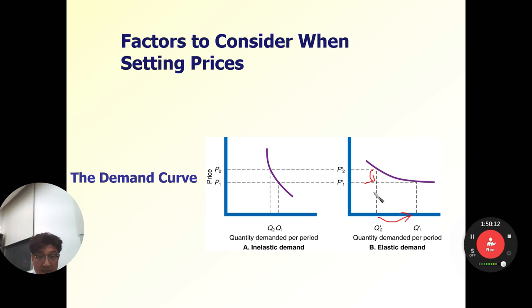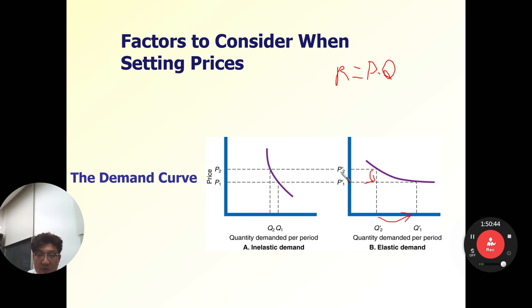And how is the revenue represented in this graph? Like I said, let me write it again. Revenue is P times Q. So P times Q is the size of this rectangle. When we have P2 and Q2, the revenue is about this much.